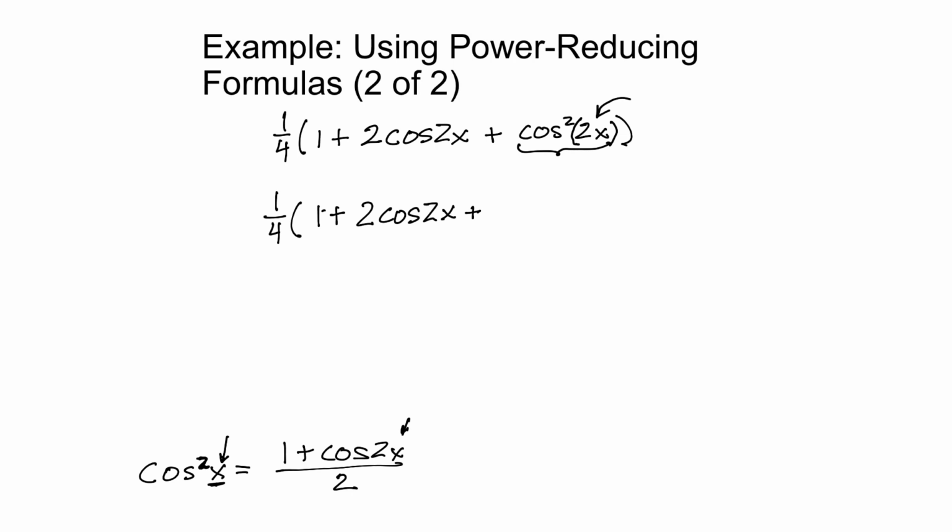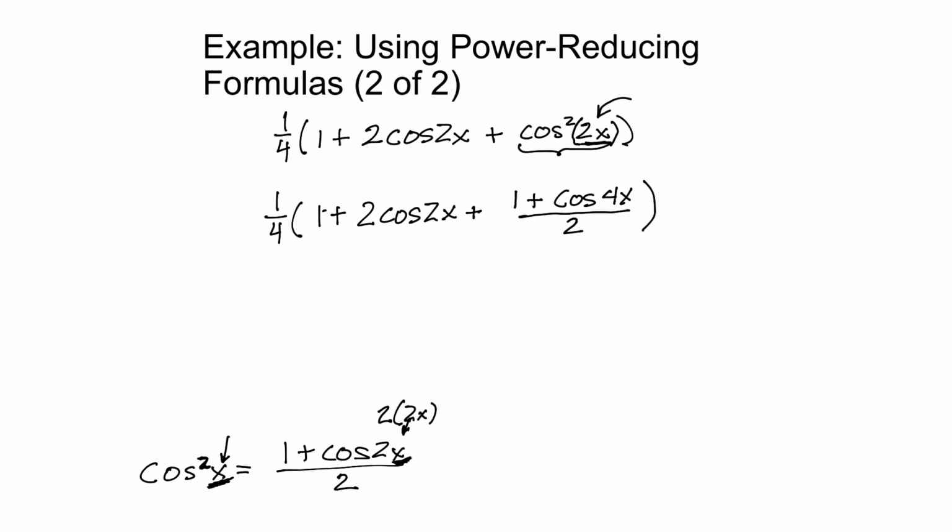So if I have 2x there, I end up with 2 times the 2x. So in other words, since we're doubling this x, where this is only one of the angles and then this one is doubled, whatever angle I have here is going to be doubled. And so I end up with 1 plus cosine 4x, or 2 times 2x, which is 4x, all over 2.